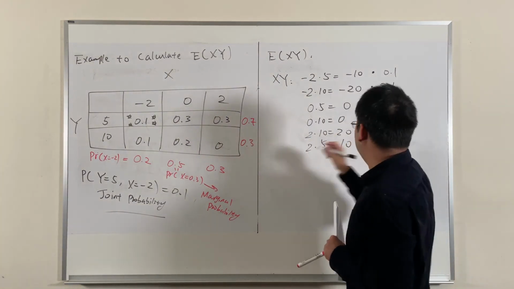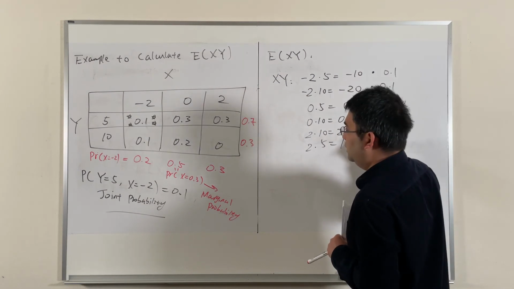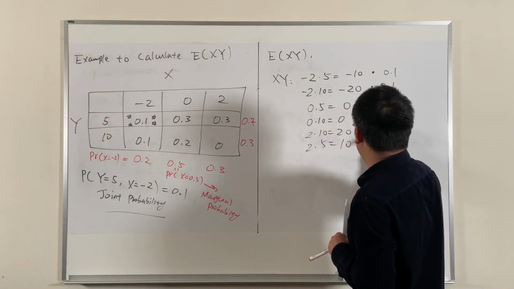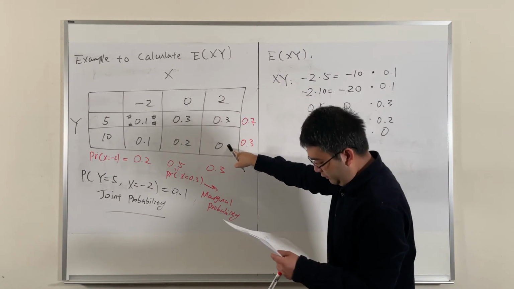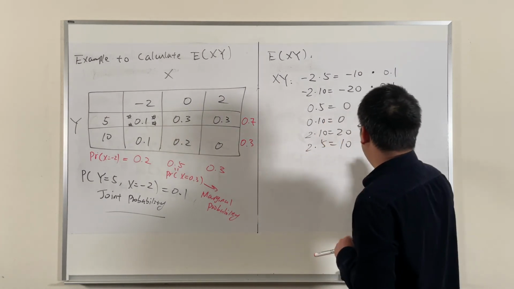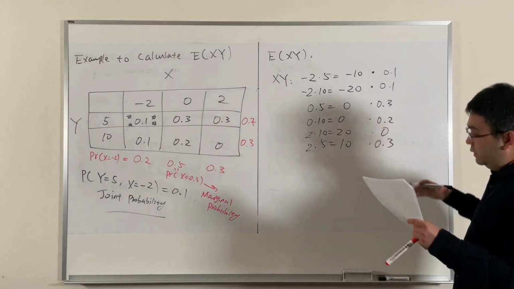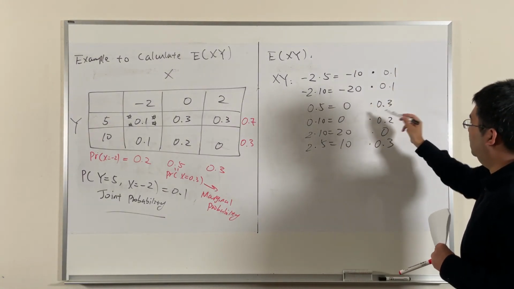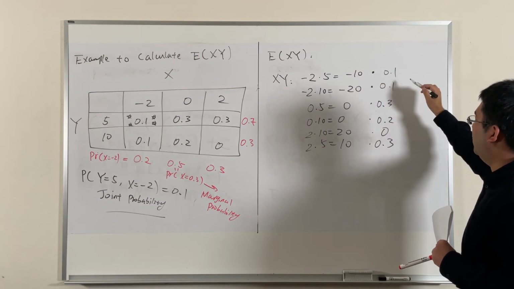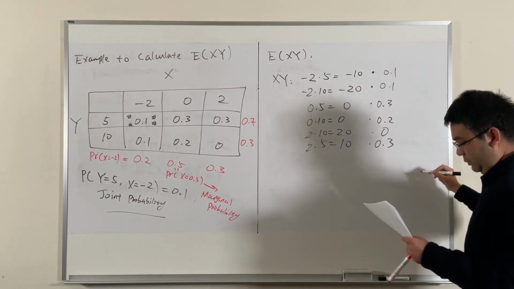And this one is 0.2. And then this one is 0, so the probability of it happening is 0. And then this one is 0.3. Then you multiply the outcome times the joint probability and add them up.